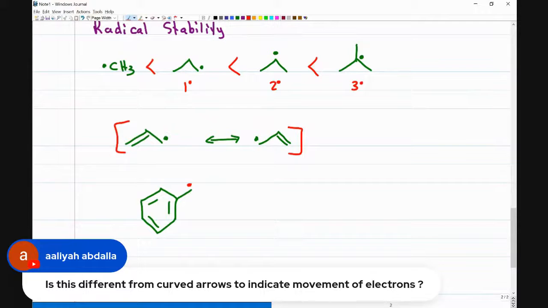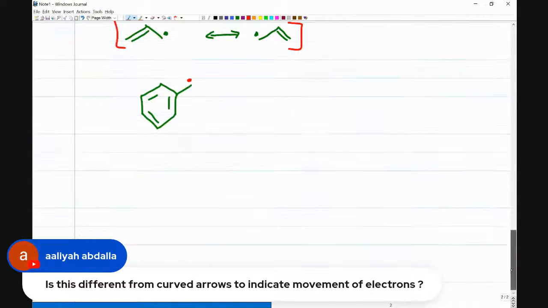Question: is this different from curved arrows to indicate movement of electrons? Yes and no. That is a very, very good question, because when you're looking at arrows in the typical reaction, if you have A bound to B and it breaks apart to give you A now having 2 electrons and B having no electrons, the way that you show this is the bond collapsing, in this case, onto A, and you show it with a double-headed arrow like this.